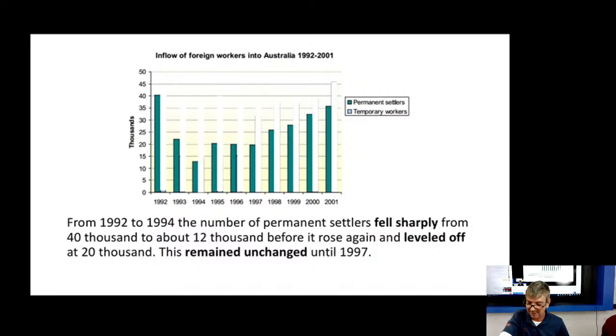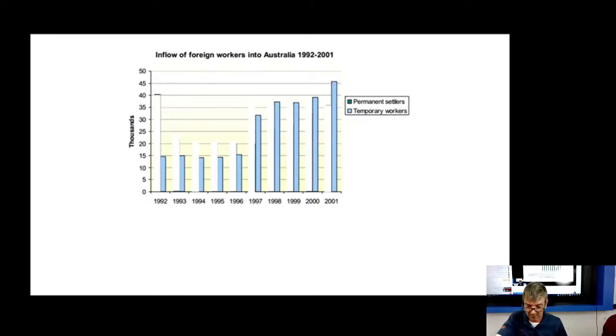Now we'll go on and talk about the next. I forgot to do about this bit, so this bit remains unchanged, obviously. Right, so that's done. Okay, so now we're going to talk about from 1992, we're talking about the same period, until this period. Sorry, from this year until this year, so this one period, 1992 to 1997, for the blue, which is for the temporary workers.